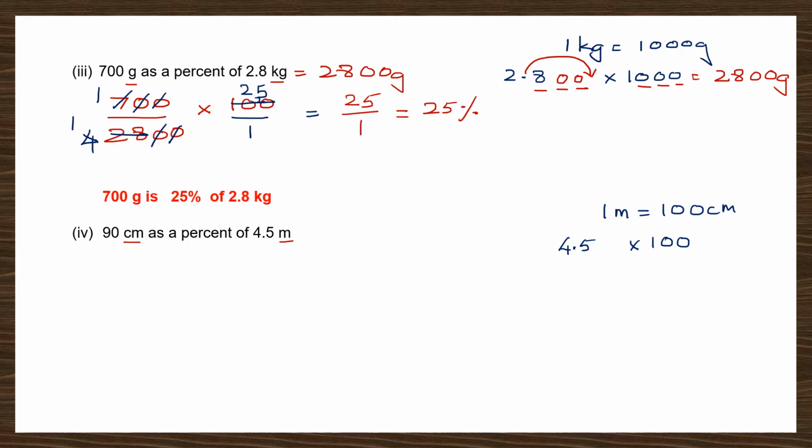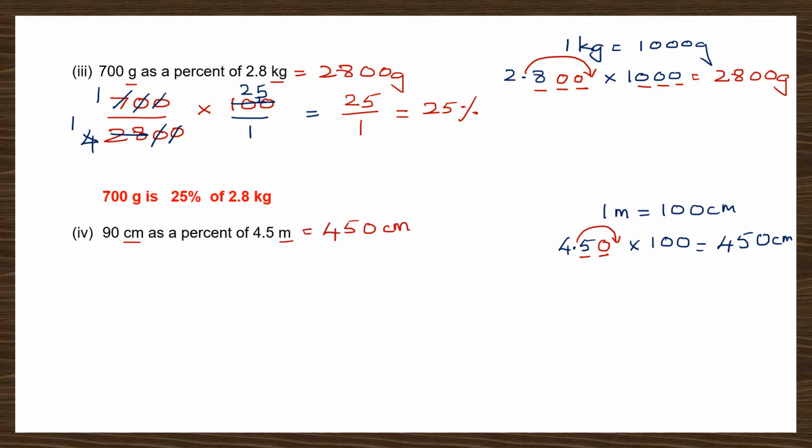So when we multiply a decimal number by 100, the point will move 2 places to the right. 1, 2, and the point will come here. So I fill this with 0. So my answer here will be 450 centimeters. So now both have become centimeters, 90 centimeters and 450 centimeters.